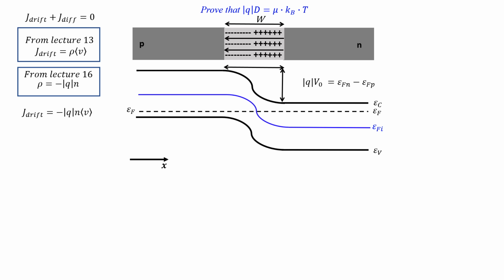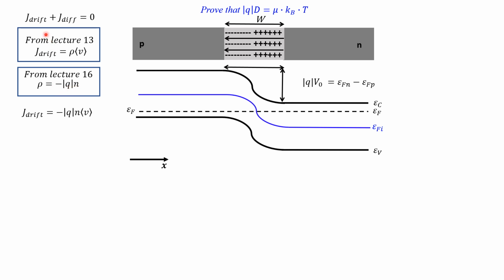Okay, so we need now to recall some results we derived in previous lectures. So this is the condition of equilibrium, and we need the expressions for the drift and the diffusion current. In lecture 13, we derived this expression for the drift current, and in lecture 16, we saw that the concentration of charge, when we are talking about electrons, is given by the concentration of electrons times the charge of an electron.